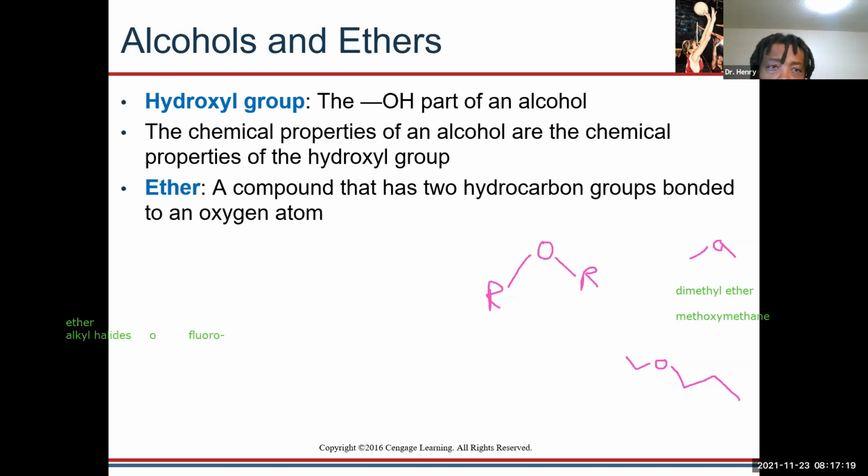So let's say, for instance, we had this guy. Let me draw that out. That's the first carbon, that's the second carbon, and then over here we have 1, 2, 3 carbons. So the longest carbon chain will get the ane part of it.